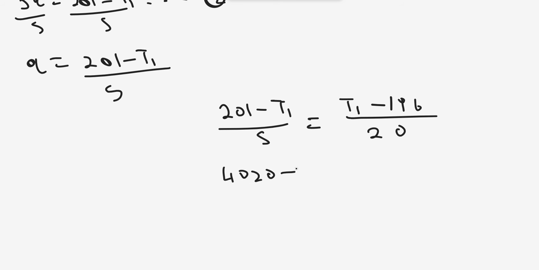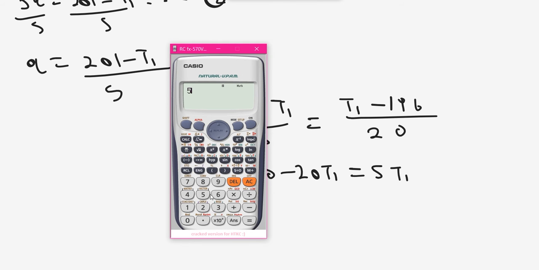Negative 1 times 20 is negative 20 T1, equals 5 times T1, and then 5 times negative 196, which is minus 980.